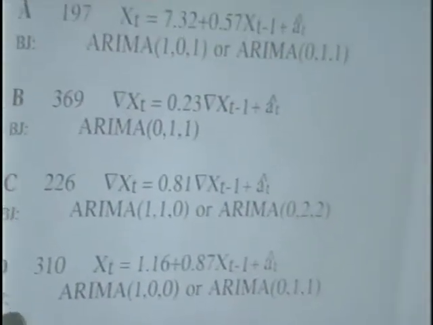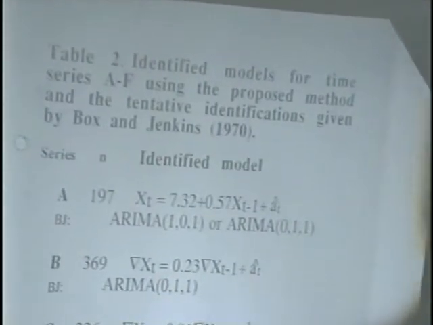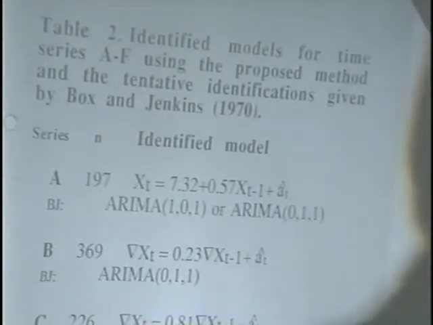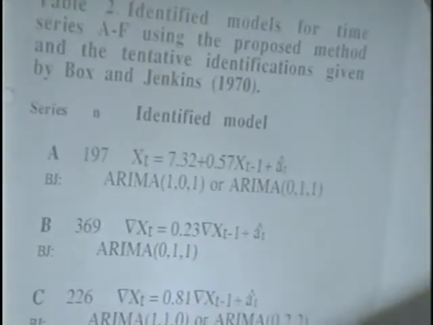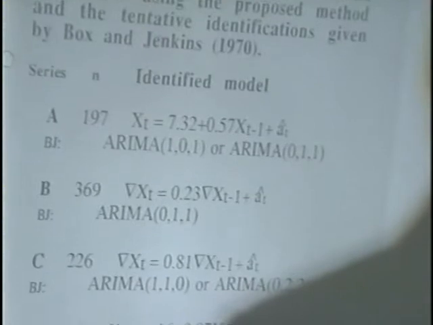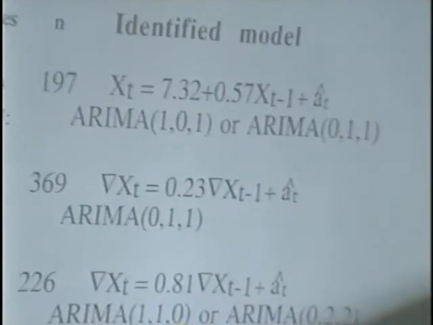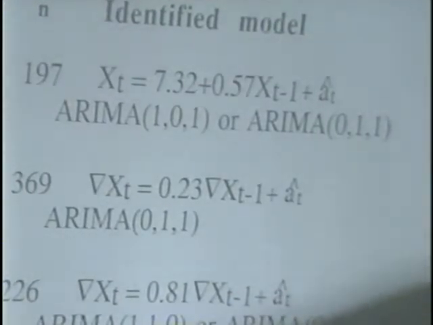BJ means what is the identification when we used the technique proposed in the book by Box and Jenkins. And these tentative models are arrived at by using autocorrelation functions, that is the autocorrelation and partial autocorrelation functions.